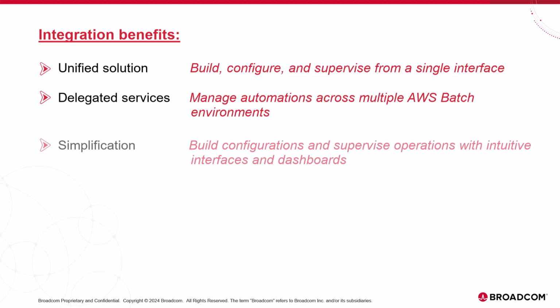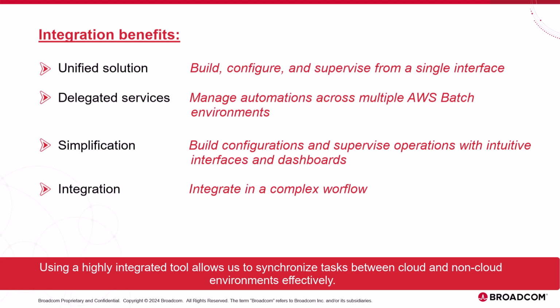AutoSys lets us build configurations with intuitive interfaces and supervise them in simple dashboard tools designed natively for operations. Statuses are clearly marked, and retrieving logs is done with a click. From an operations perspective, AutoSys highly simplifies the configuration and orchestration of AWS Batch job.